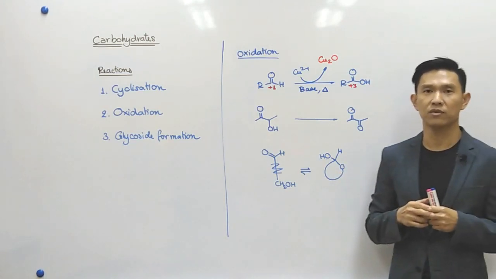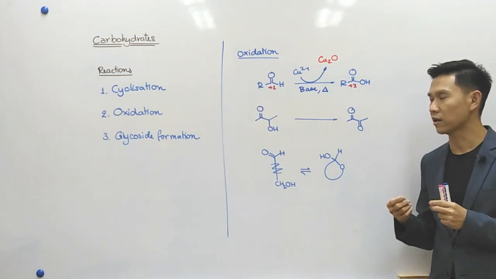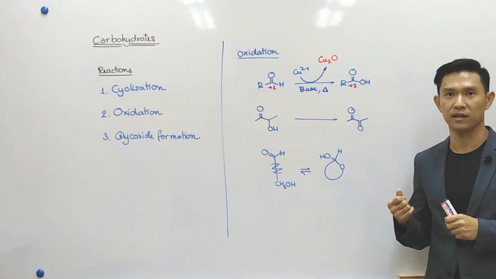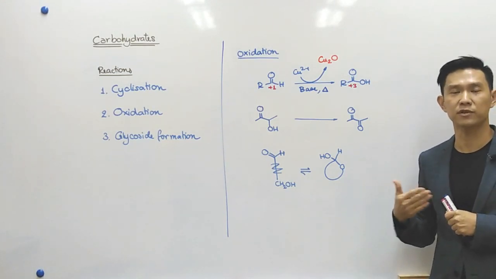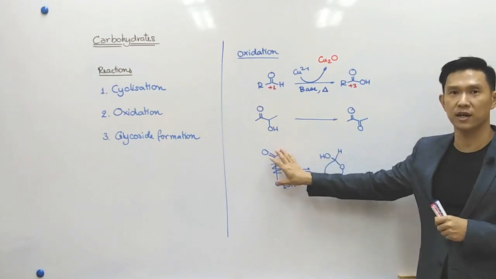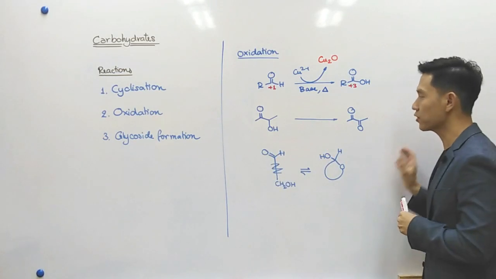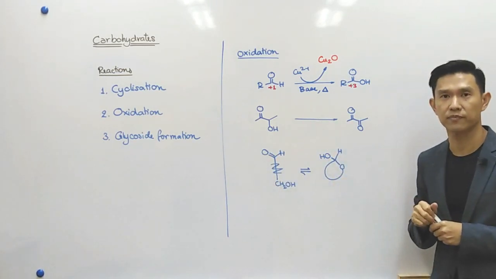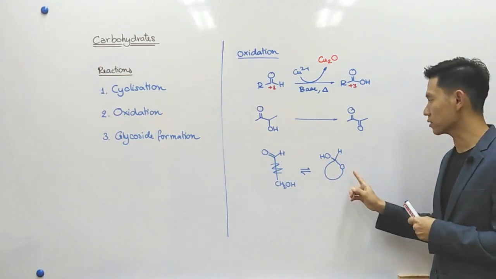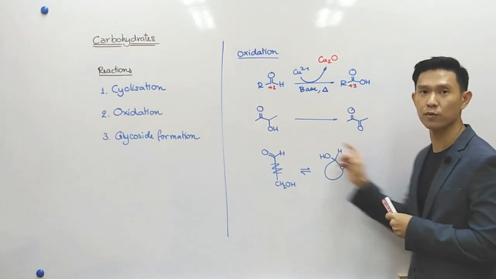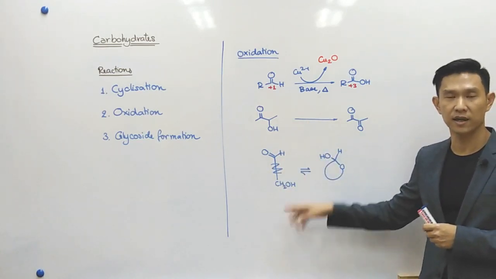But you know Le Chatelier, right? When you were in high school, you learned the Le Chatelier principle. So if this one is oxidized, that means you get rid of this one. Right? So the equilibrium shifts back to the open chain structure. So if this is oxidized out, then the cyclic structure opens up to be the open chain like this, and it's oxidized.